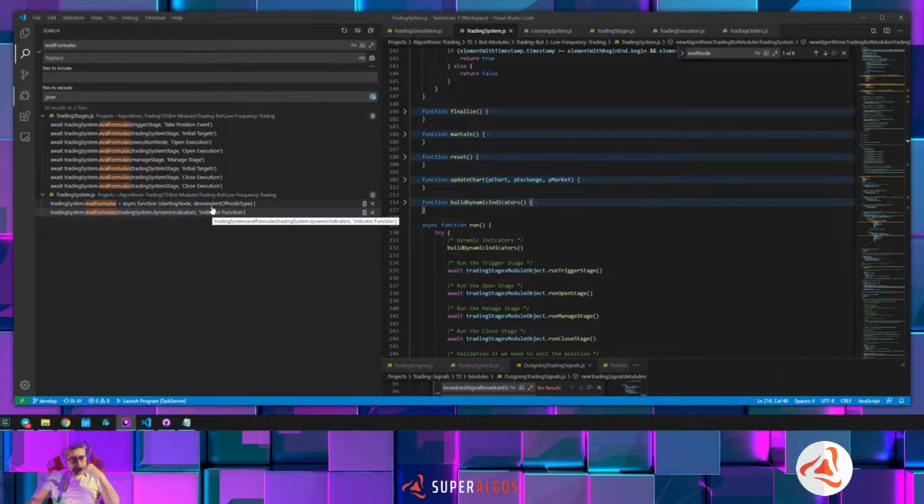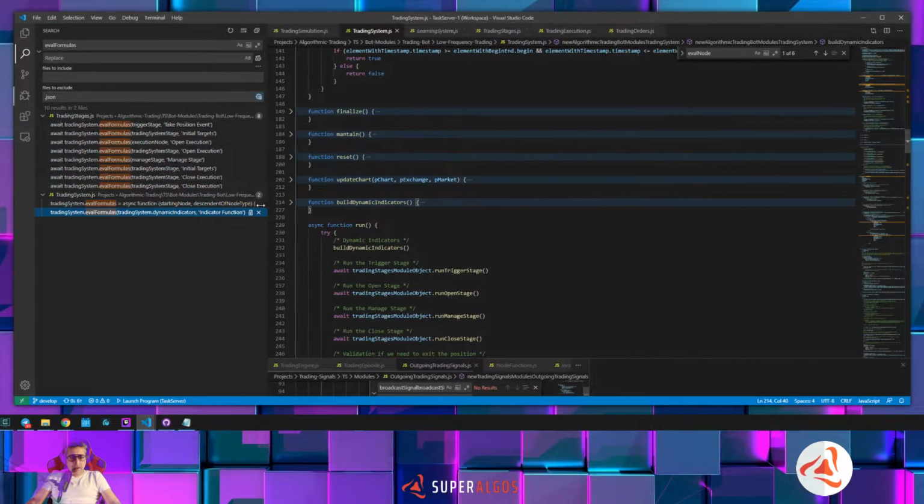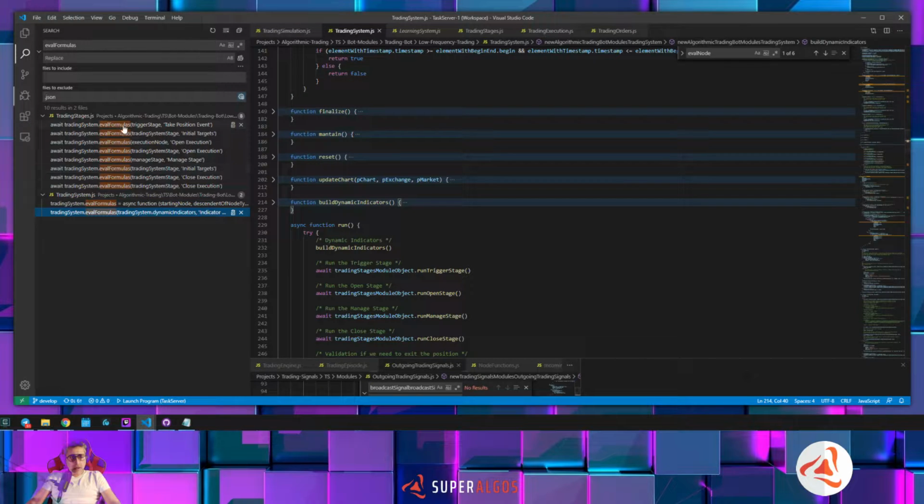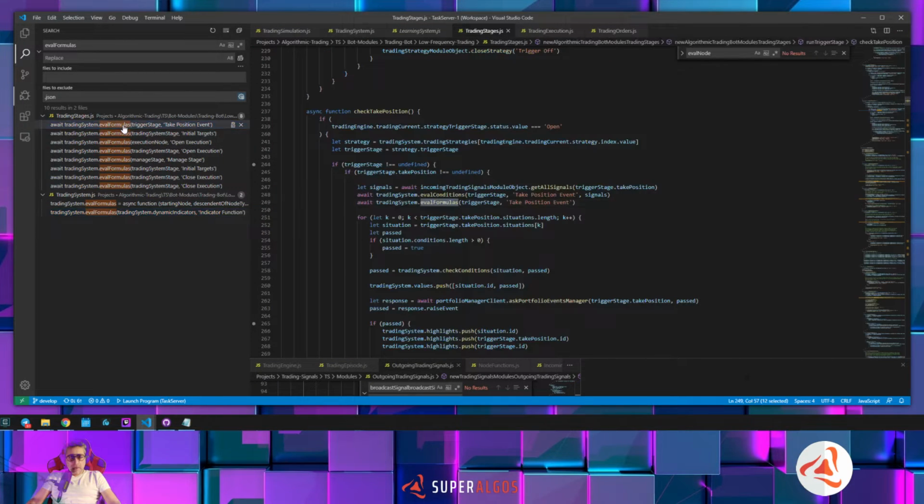It looks pretty similar, to be honest. Let's check one by one and see if they are in the right place. Take position event, eval condition, and eval formulas.